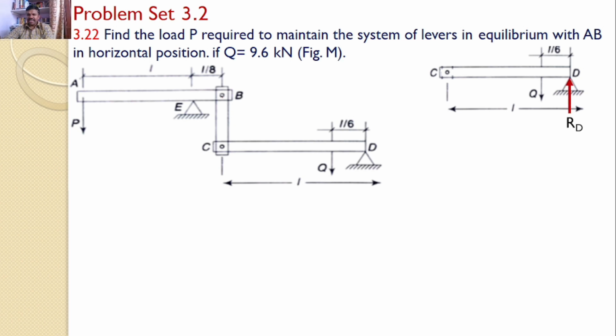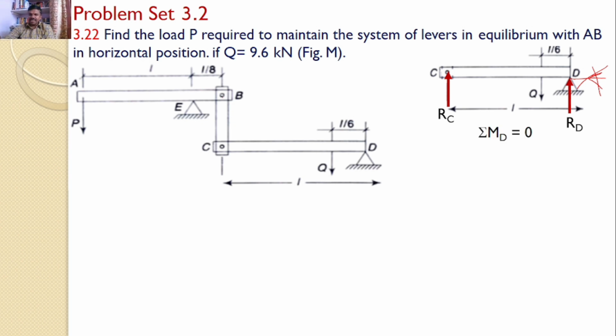One is the vertical reaction and another one is the horizontal reaction. But there is no other horizontal force, hence this can be 0 and not shown. And at C, since it is also a hinged support, I can find a vertical reaction. Let that vertical reaction be RC.